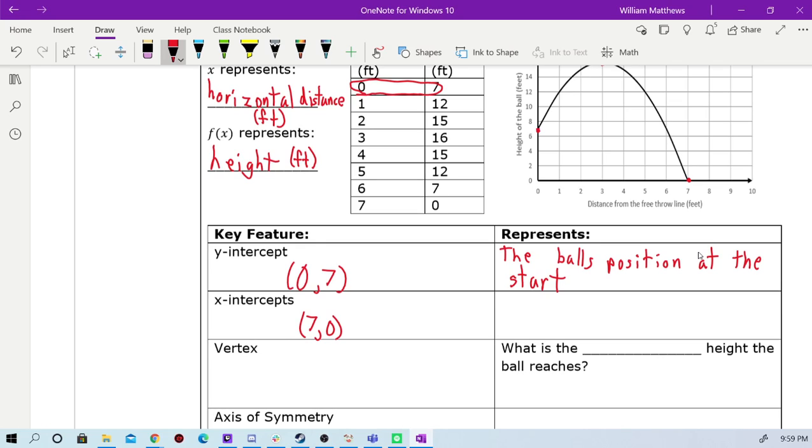And since it is at the end of the trip, we are saying that the ball lands 7 feet away, a little bit more specific, 7 feet away from the free throw line.